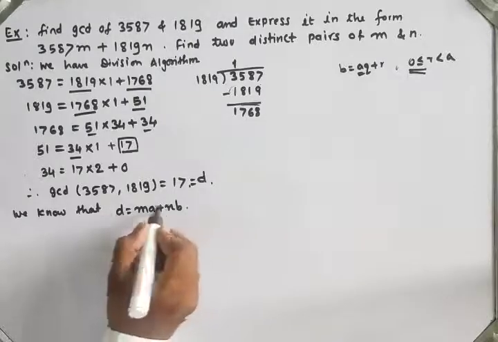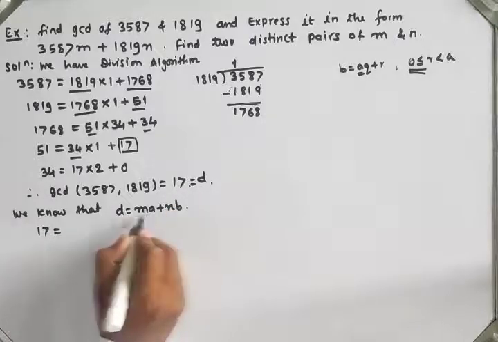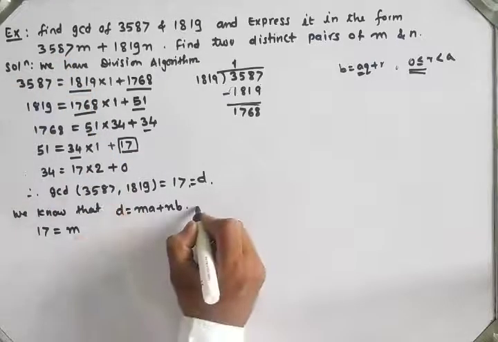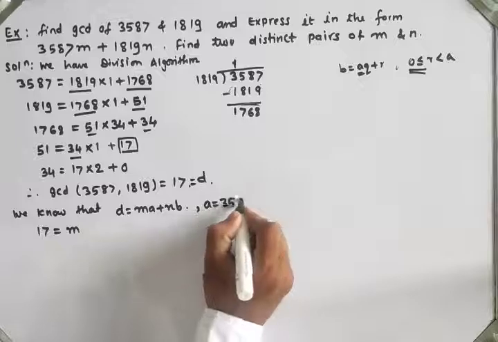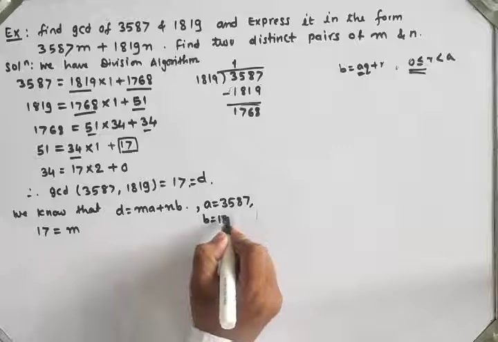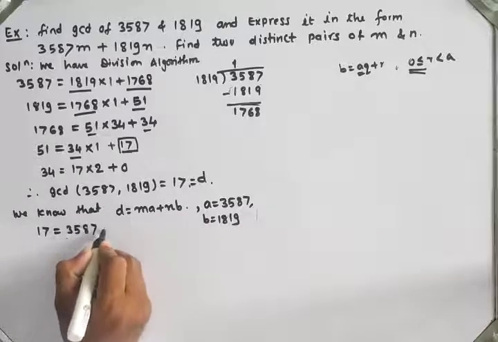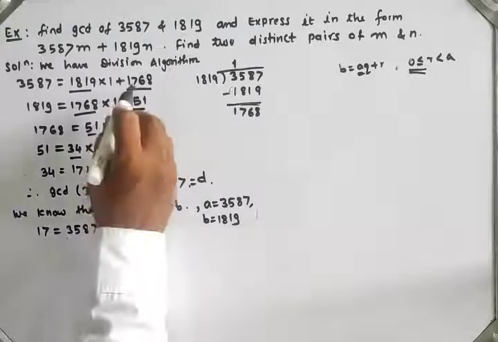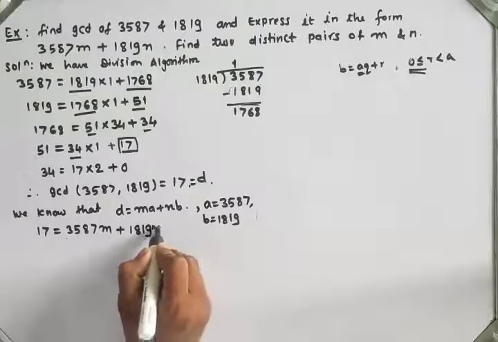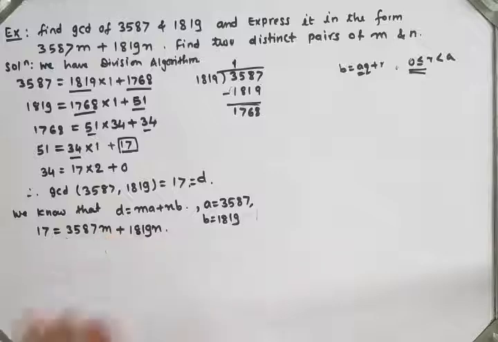D is the GCD of the two numbers, so we express it as m into a, where a is 3587 and b is 1819, so 3587m plus 1819n. Now we have to find two pairs of values of m and n.